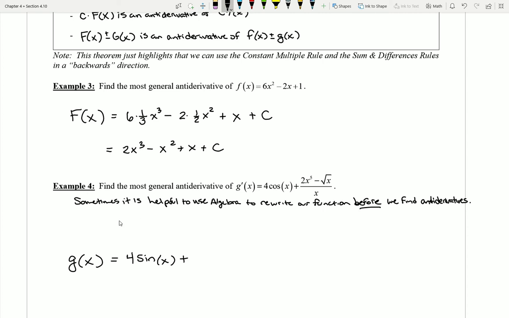Because notice here, if I was to go ahead and rewrite g prime of x, the reason I'm doing this is not because of the first term, because that was easy to find an antiderivative of, but maybe I could find a way to rewrite the second term.